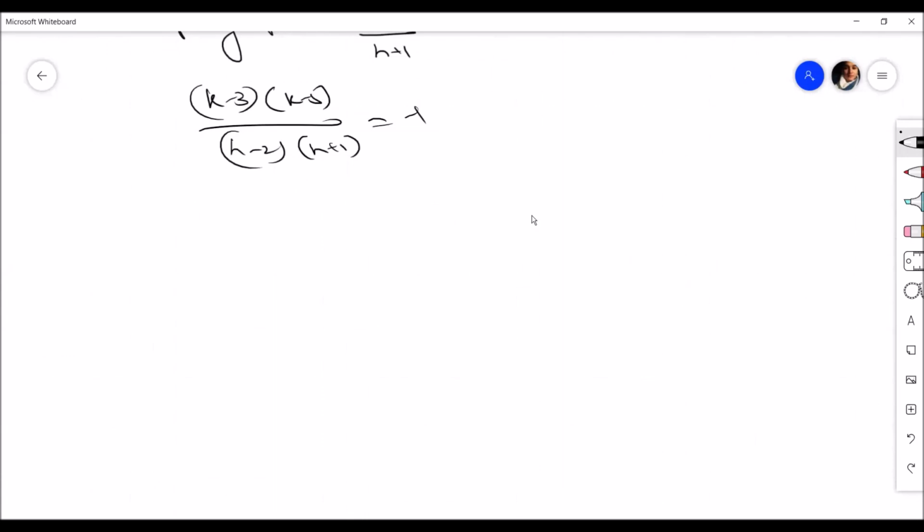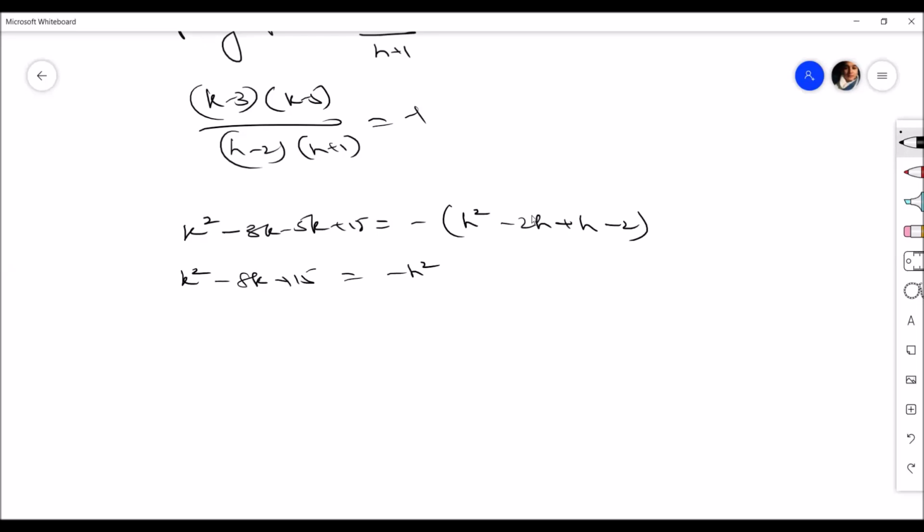Going ahead with the calculations. When I expand it, I get k square minus 3k minus 5k plus 15 is equal to minus of (h square minus 2h plus h minus 2). Which gives k square minus 8k plus 15 equal to minus h square, and minus 2h plus h is minus h, with the minus sign it becomes plus h, plus 2.